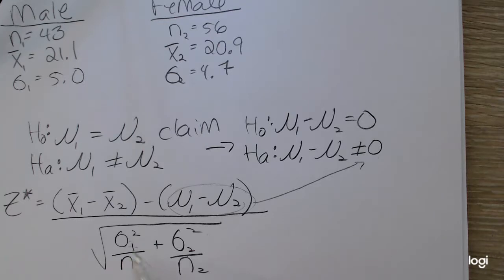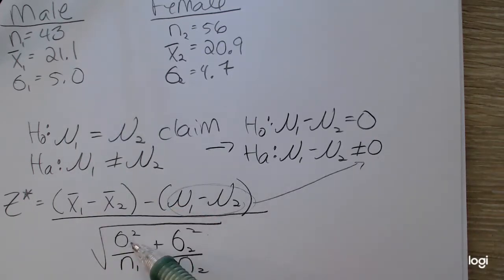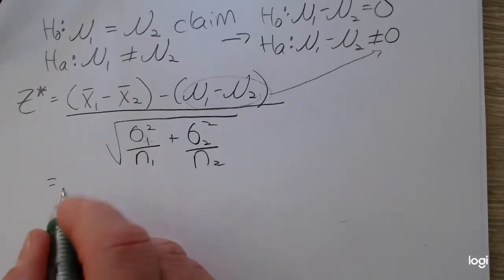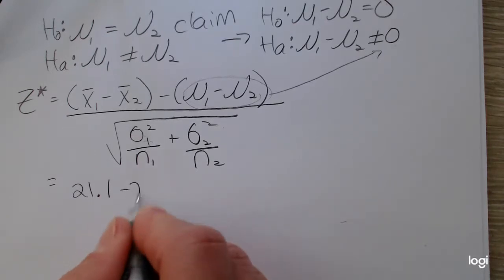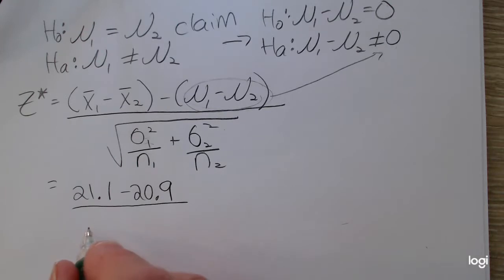Okay, because remember, the relationship between sigma and sigma squared is that this is the standard deviation, this is the variance. The variance is the standard deviation squared. So inputting the information into the problem, I have 21.1 minus 20.9. It's going to be a positive test statistic.